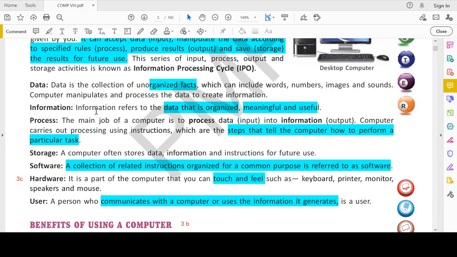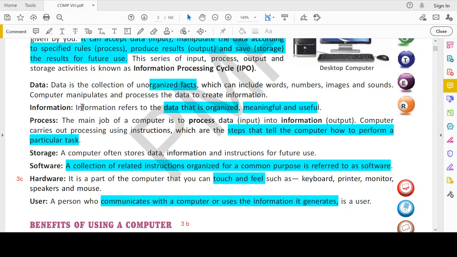So in this way we can derive some information from the records. For deriving information from the records, we need to organize them, and then only we can retrieve the information. So information refers to the data that is organized and has some meaningful and useful aspect.